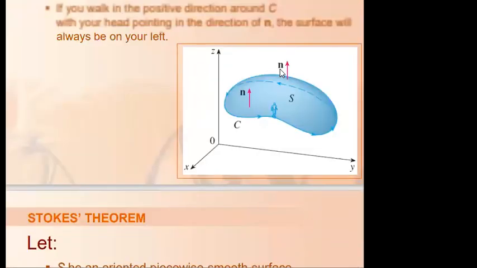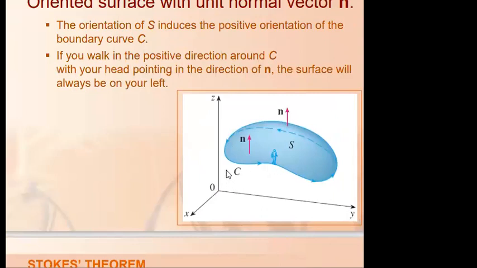So this is your three-dimensional surface and it is positive oriented, right? Positive orientation of the surface induces positive orientation of the boundary C. Then this one is positive oriented.